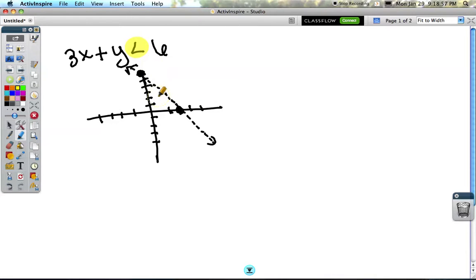What's my inequality? Less than. So will I draw it to the left or will I draw it to the right? Left. This is the side that you will shade.